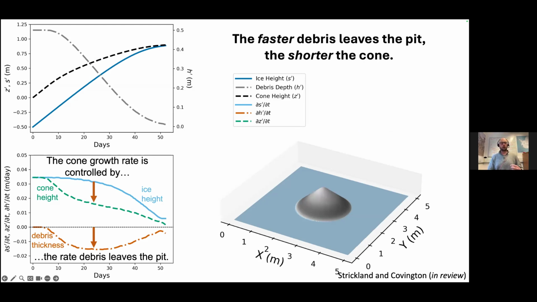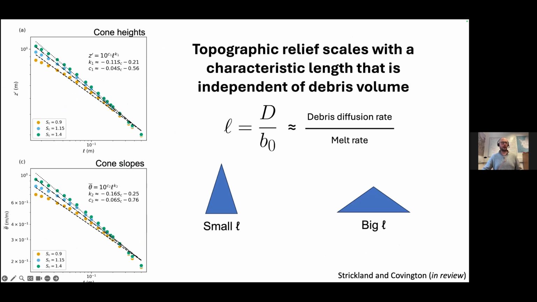And what we observed is that the faster debris was allowed to leave the pit, the shorter our cones grew. And through some non-dimensionalization of our model, I derived a length scale that predicts topographic relief from differential melt.